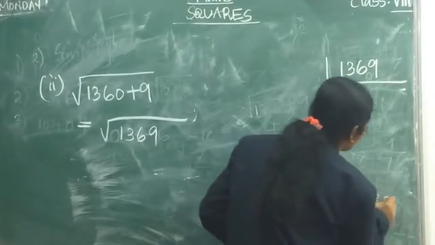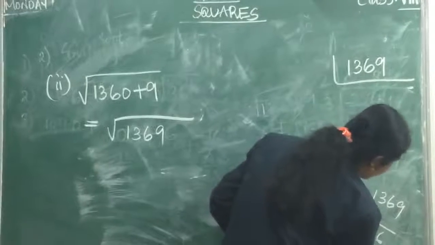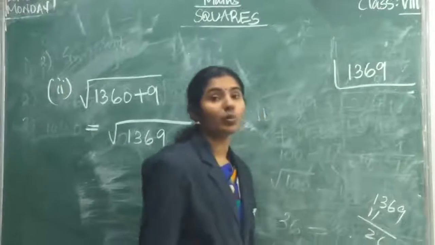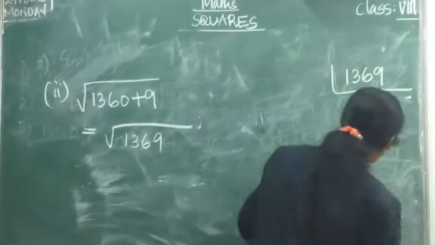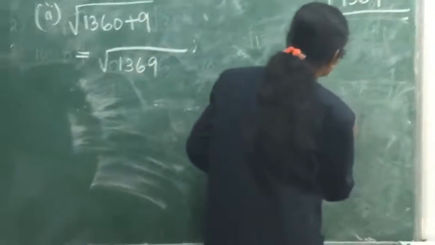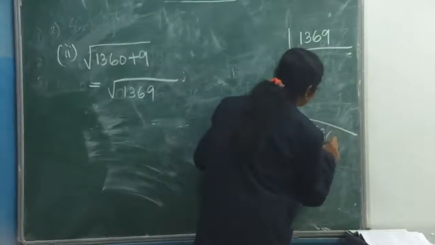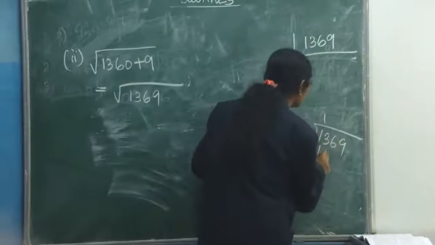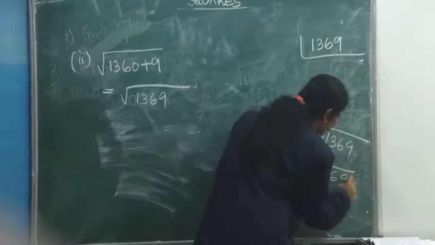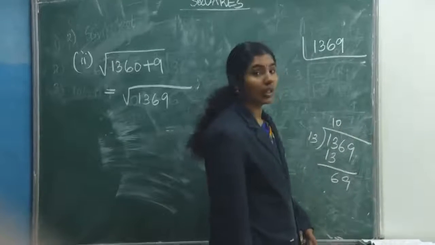When you are dividing by 11, it is also not possible. At last we will try the next prime number 13. Currently you are taking this one down, so that means you should write here 0.